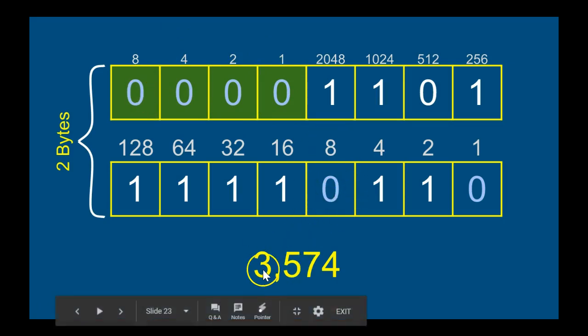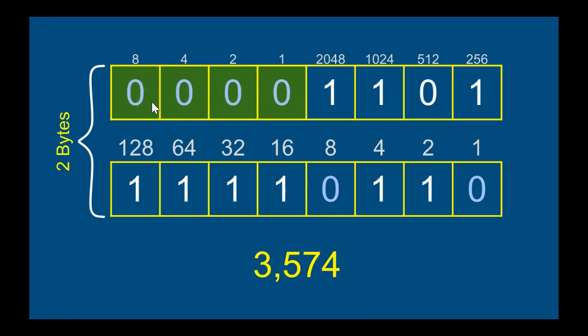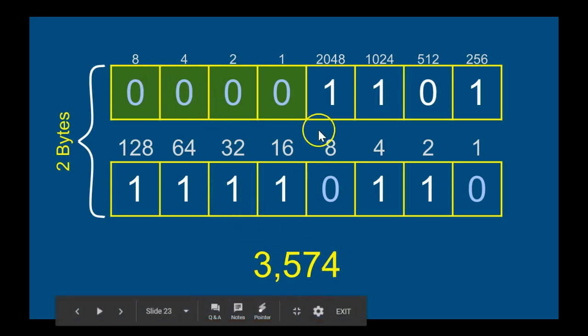So I have shown here 3,574. That's 248 plus this, plus all these. That's what that equals. This tells me how many of those digits are to the right of the decimal point. What's the answer? 0. Yeah, this is 0. So none of these digits that are represented in this portion here are to the right of the decimal.